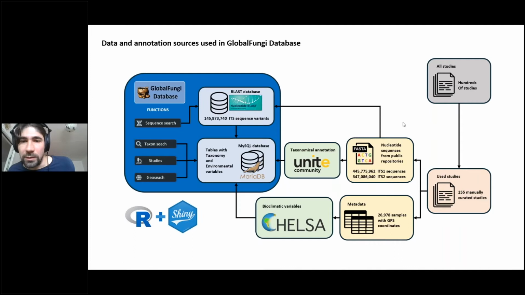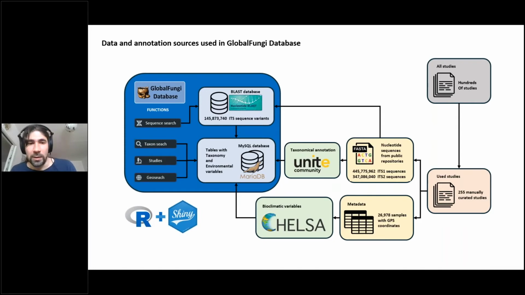And then we use the data from public repositories, or we ask the authors for the data originating from the studies and combine them with the metadata from the studies, and annotate the markers based on UNITE, which is another project from Estonia, focusing on taxonomical annotation of fungi.